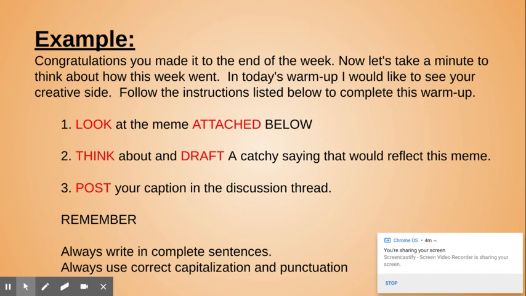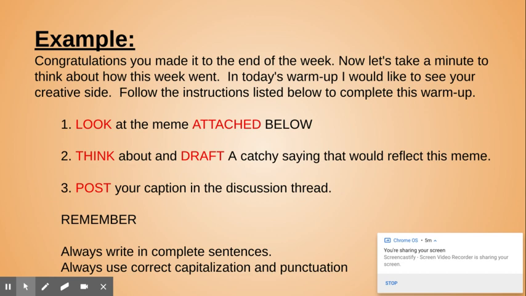This is asking you to look at some kind of meme that is attached. Then the next thing it's asking you to do is think about and draft. So you're thinking about what you're going to do, and then you are drafting. So that, again, is telling you what you need to do. And remember the number, so this is the second thing.